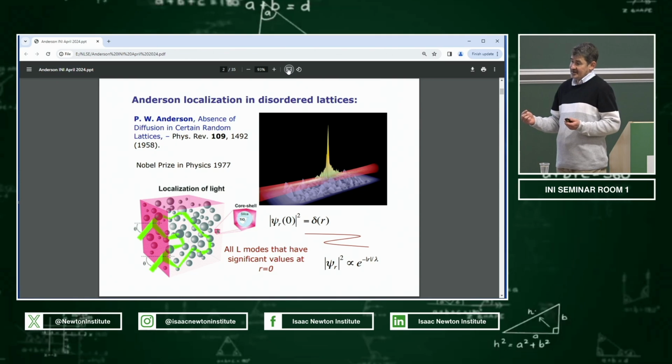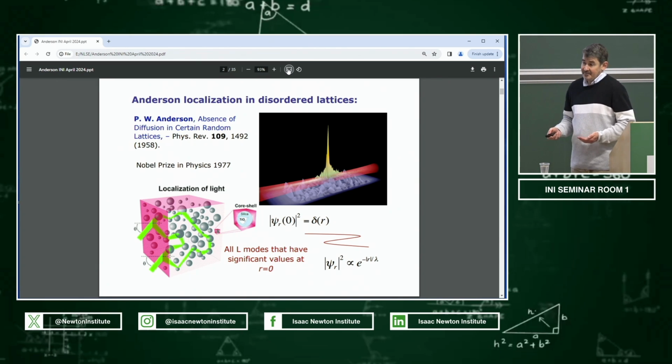When you excite a wave process at some point, for instance technologically with a laser beam which comes to a certain point in a random lattice, and you excite a wave function like a delta pulse, then of course it starts to spread, despite being linear. The spreading, which is called initial spreading, consists in the fact that all linear modes which have significant value at point 0 get excited.